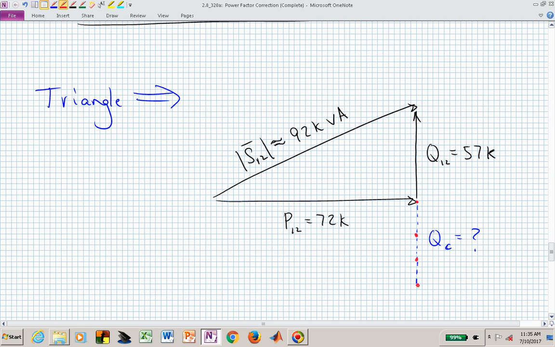So what we're trying to do is select Q sub C. In some cases you may be able to introduce more capacitance than in others, but in our case we're assuming that we have the ability to introduce whatever capacitor value we need, and in that case we will want Q sub C to exactly balance Q12 so that we can have our apparent power equaling our real power.